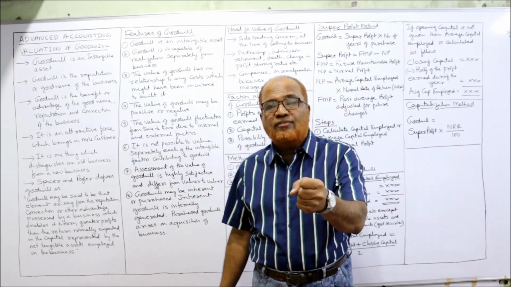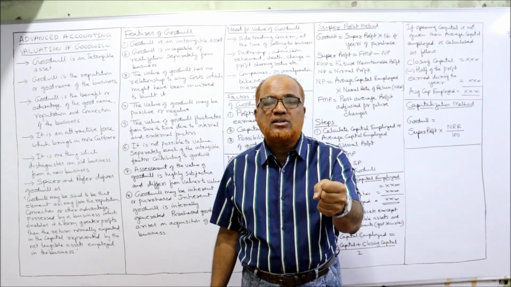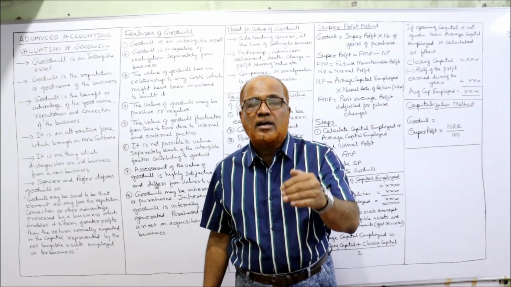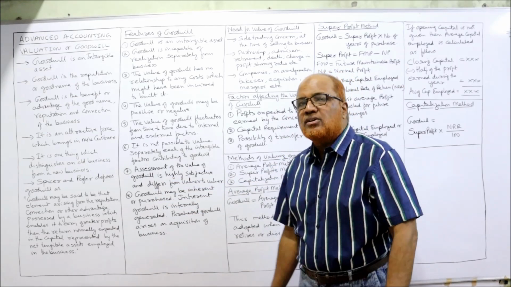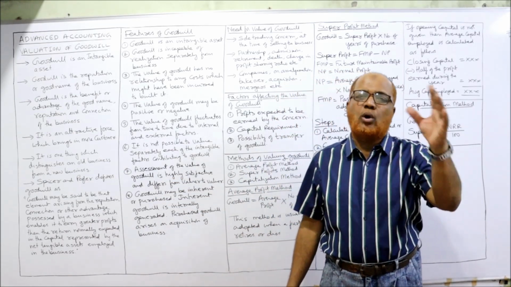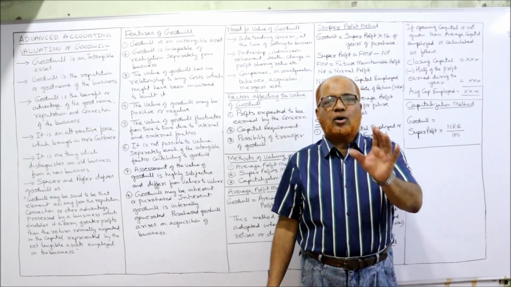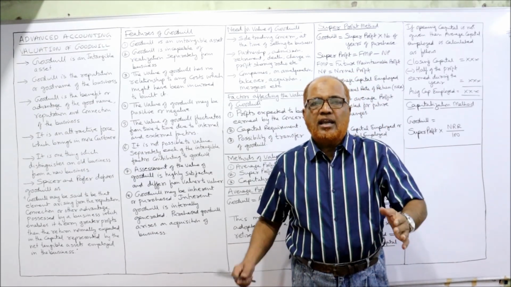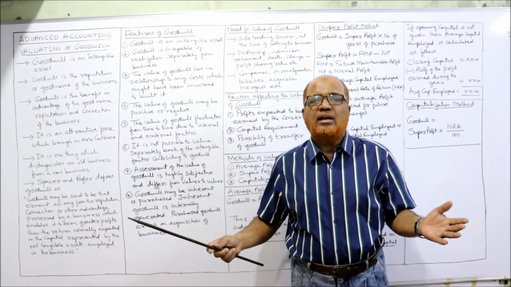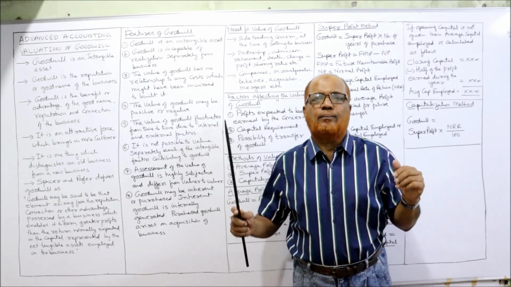It's an attractive force which brings in more customers, more sales, more profit. It is one thing which distinguishes between an old business and a new business. Goodwill will be there only for an existing, old business. A new business does not have any goodwill because it does not have any reputation.